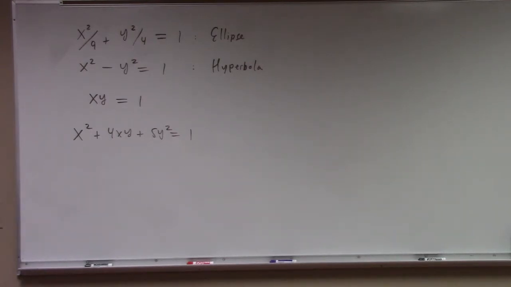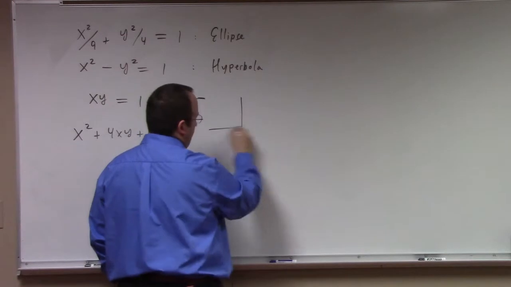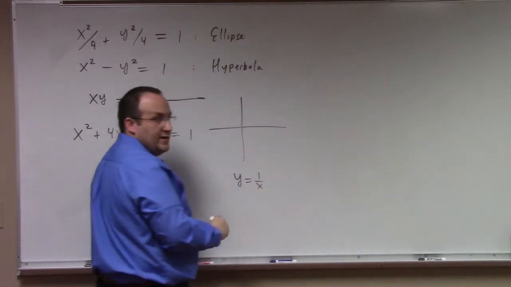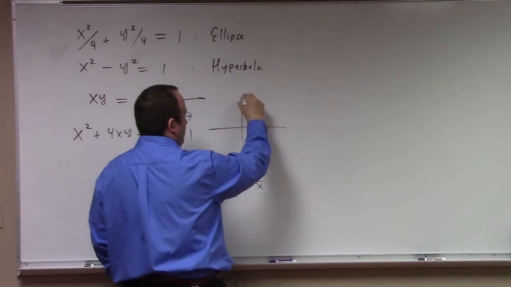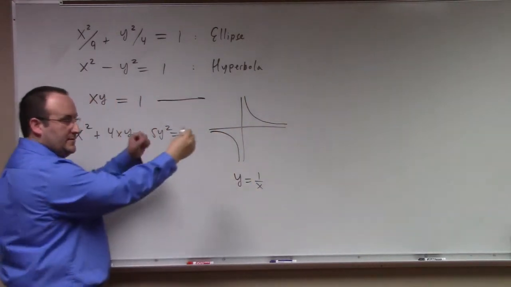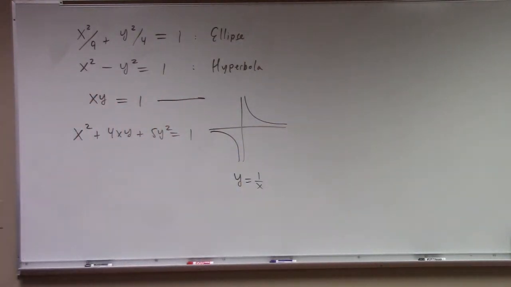Maybe if you had a good instructor, you were taught that xy equals 1 is also a hyperbola. Graphically, y equals 1 over x looks like this. That's a hyperbola that's been rotated.